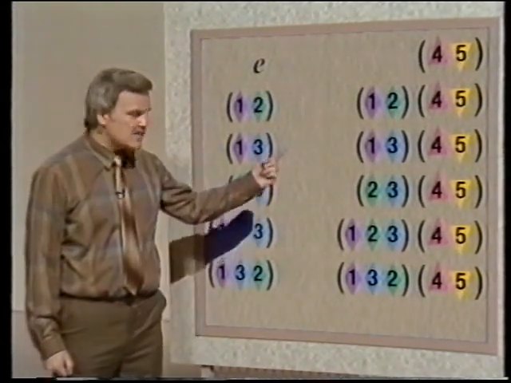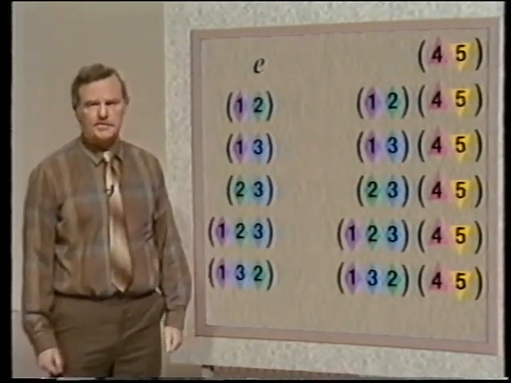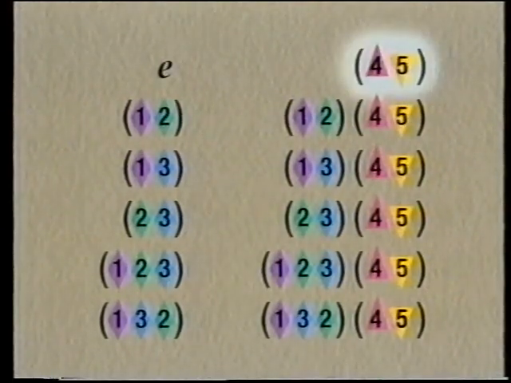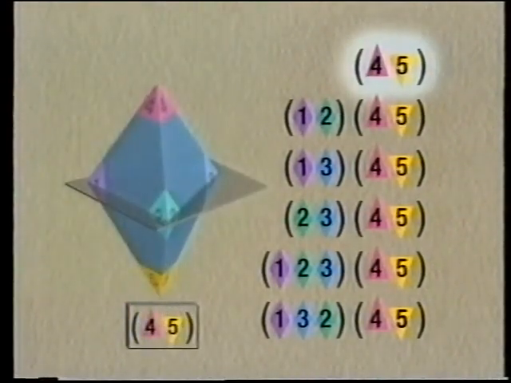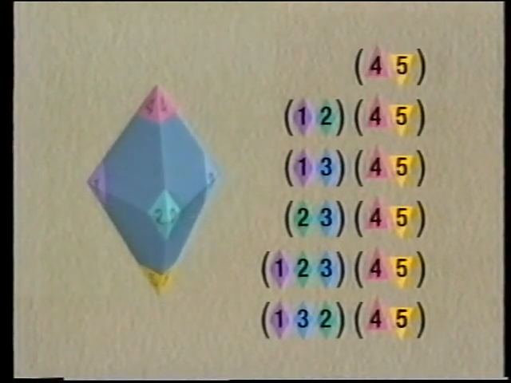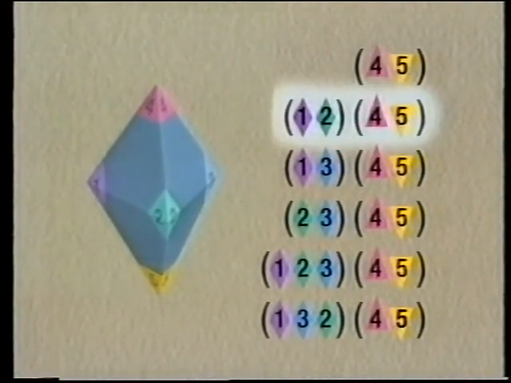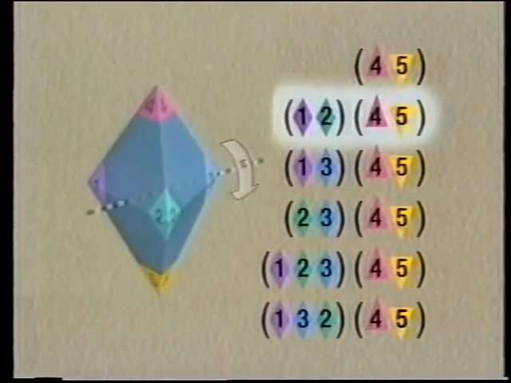But what do these last 6 look like geometrically? We know the first one is reflection in the horizontal plane. The next one is actually a rotation. It's the rotation through pi about this axis. 4 and 5 are interchanged, and so are 1 and 2. But vertex 3 is fixed.